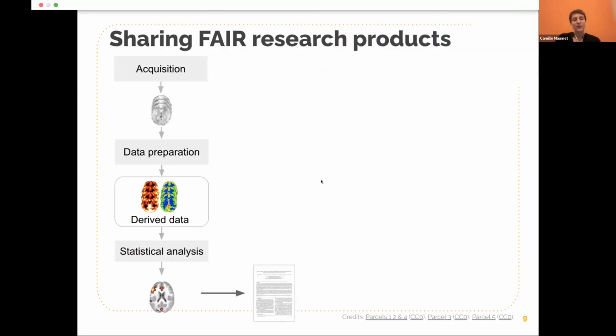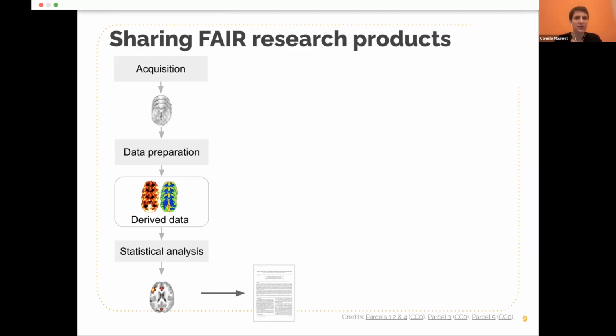But going back to our typical MRI study, typically how it works is as follows. We start with the phase of acquisition, typically using an imaging instrument. In my case, it's a lot of MRI, so brain images, and my examples are drawn from that. We typically have a phase of data preparation.